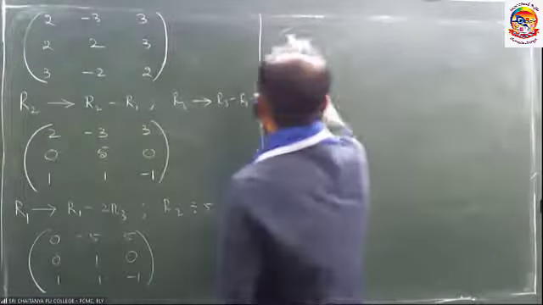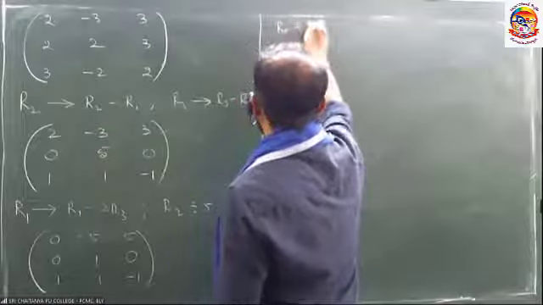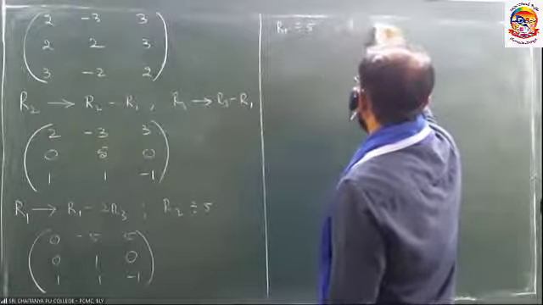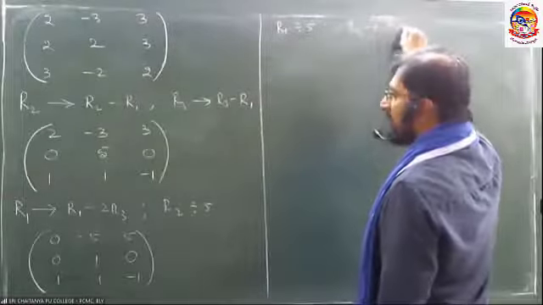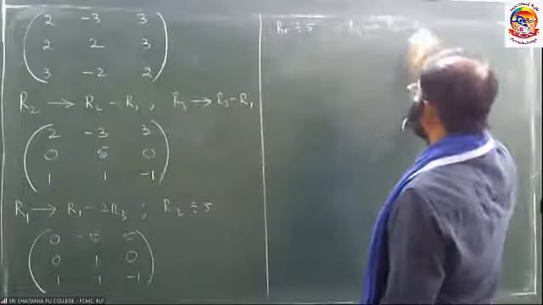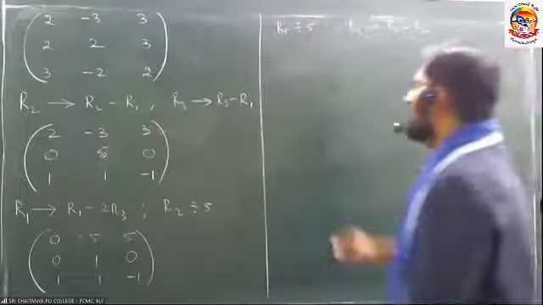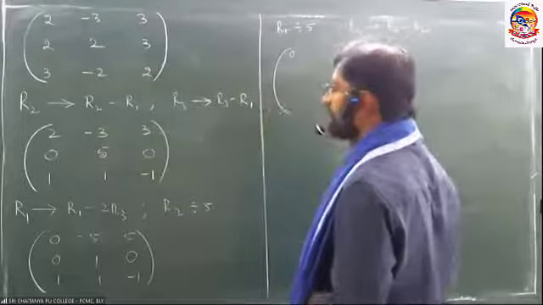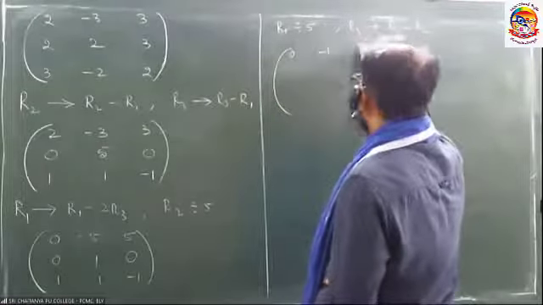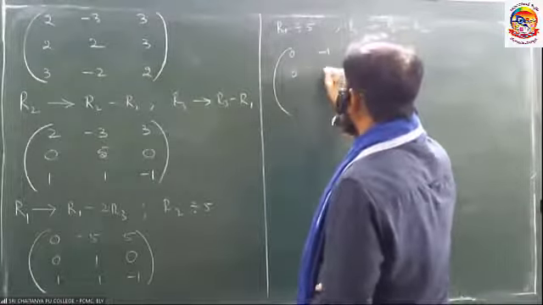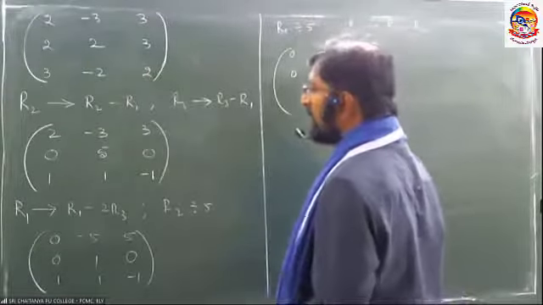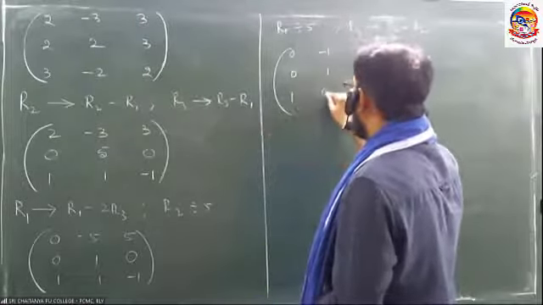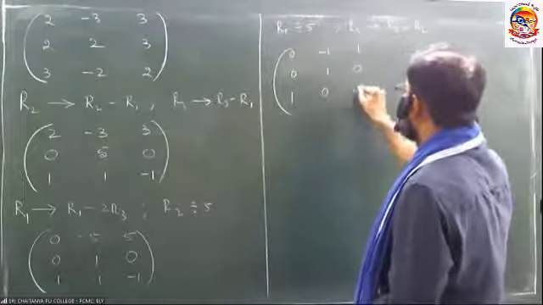Now, next step, observe. R1 divided by 5, and R3 changes to R3 minus R2. That means I am going to get 0, 1, 0, 1, 0. 1 minus 1 value is 0 and it is minus 1.